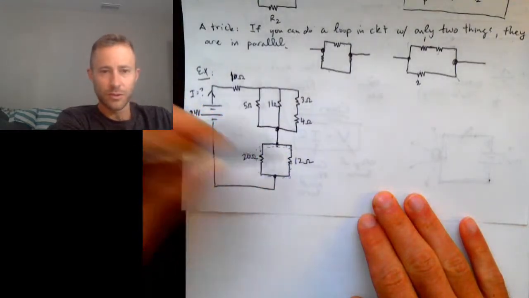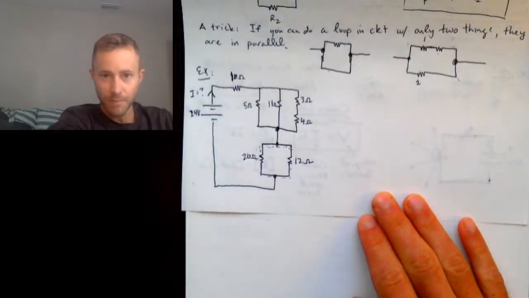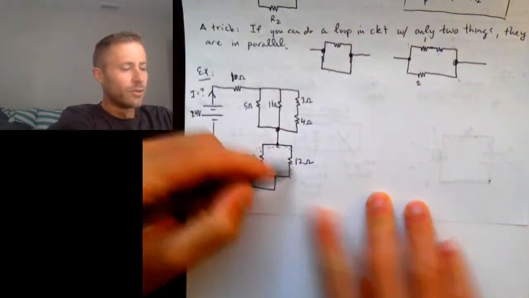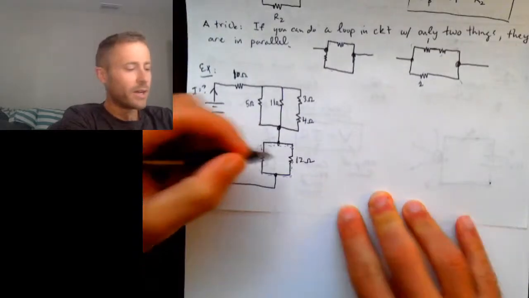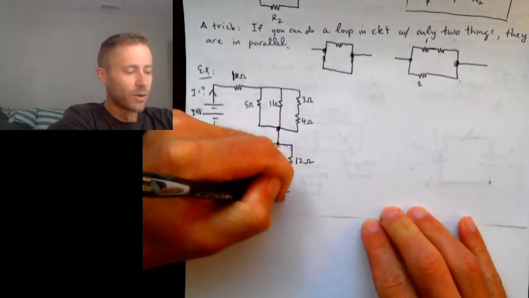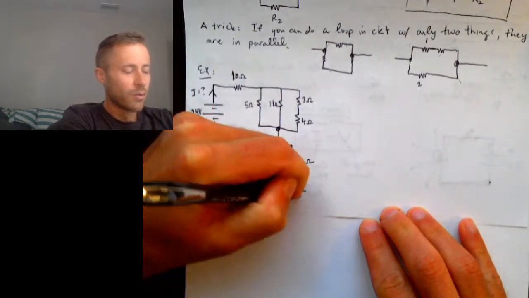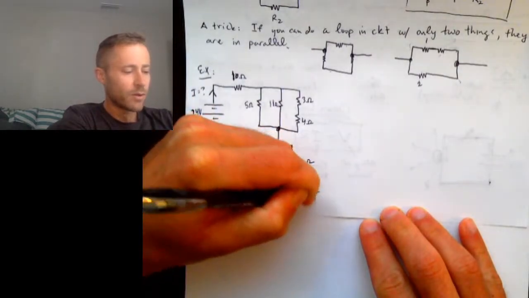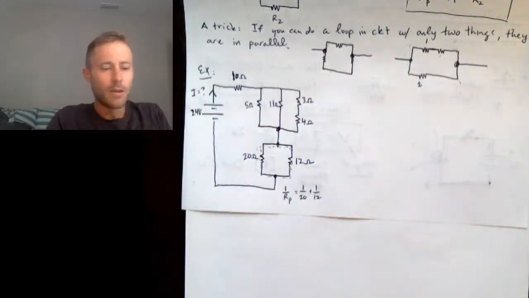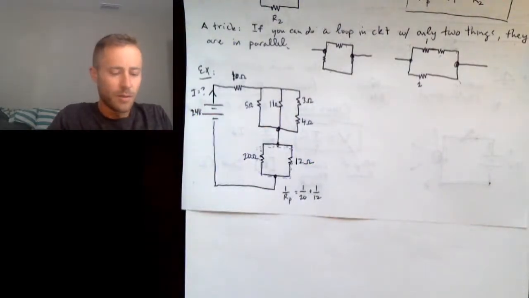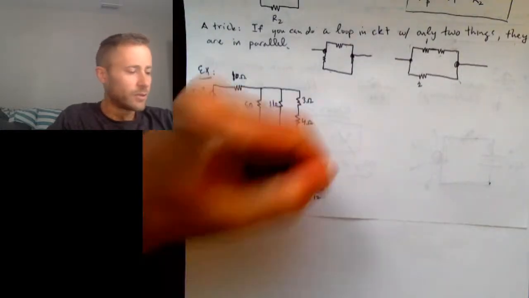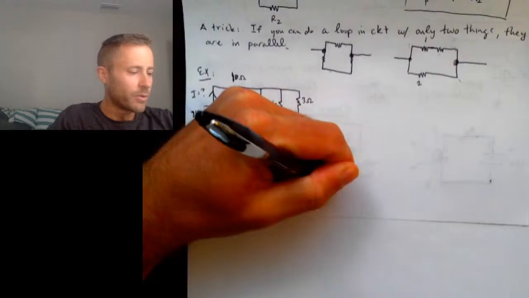So those two resistors are in parallel. So I can use the rule for combining parallel resistors. It's 1 over R sub P is 1 over 20 plus 1 over 12. Okay? So 1 over 20 plus 1 over 12 is 0.133.